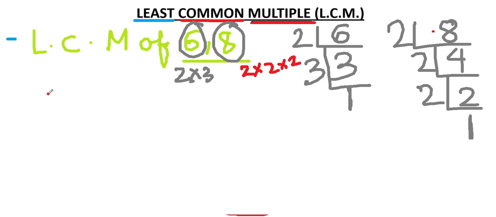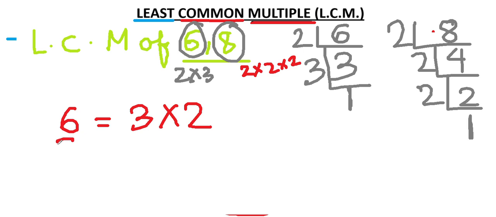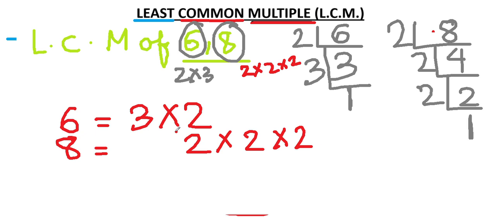Now, there is a way of writing the numbers. Follow what I'm doing. 6 is equal to 3 times 2, right? And 8 is equal to 2 times 2 times 2. Look here. I could have written 6 easily as 2 times 3, but I did not do that.